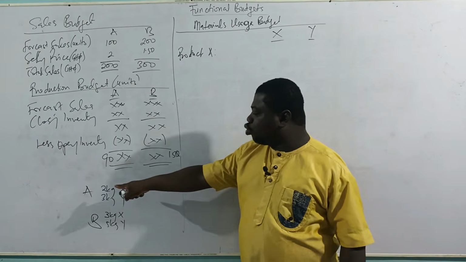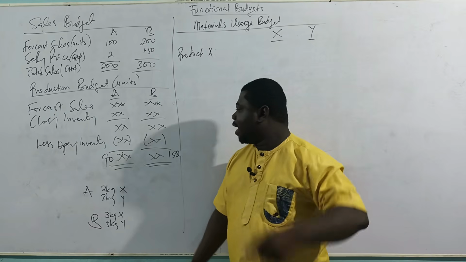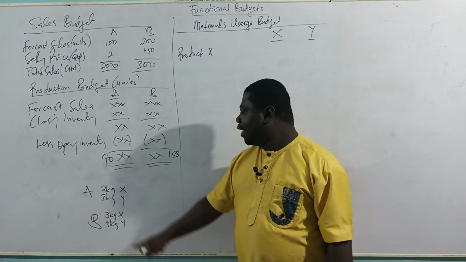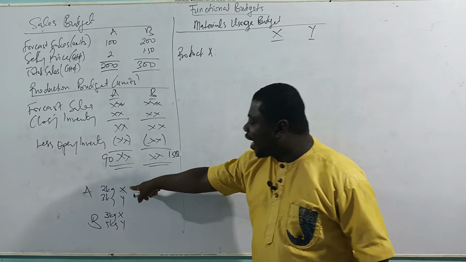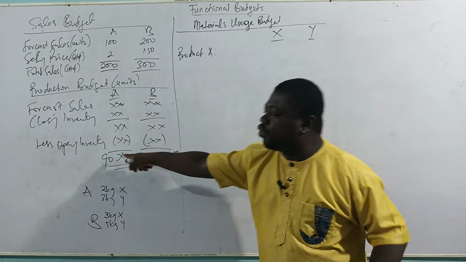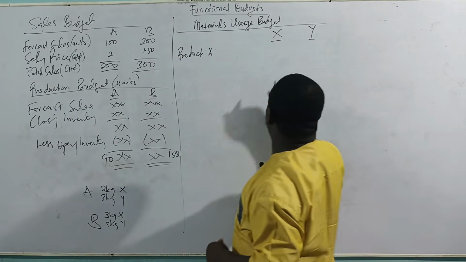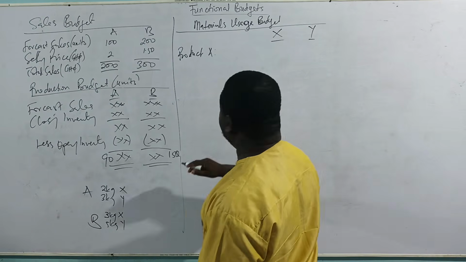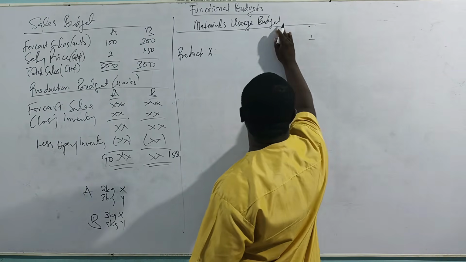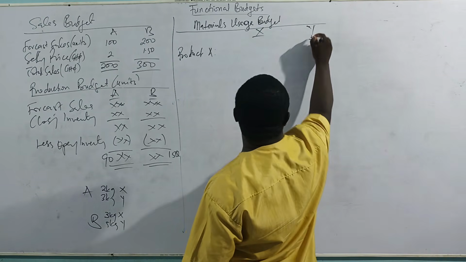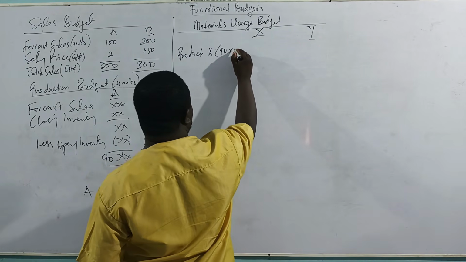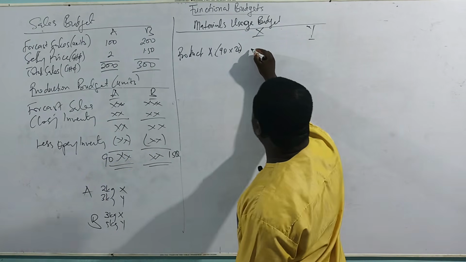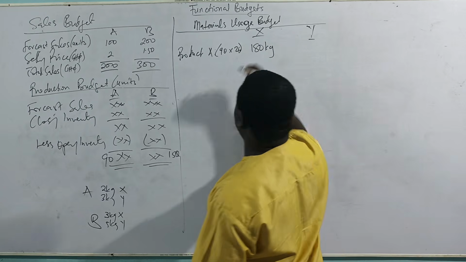If I need 2 kg for each unit and I'm producing 90 units, then 2 times 90 will determine how much quantity of material X I need in all to produce the 90. So that is what it's going to mean. So here, for material X, it's going to be 90 times 2 kg. And that's going to give us 180 kg for X.